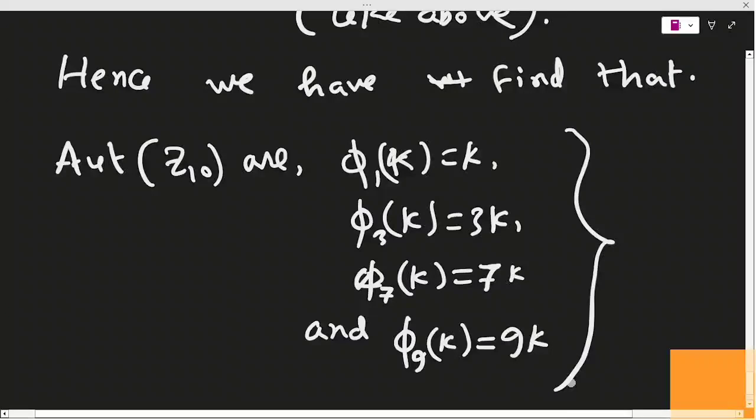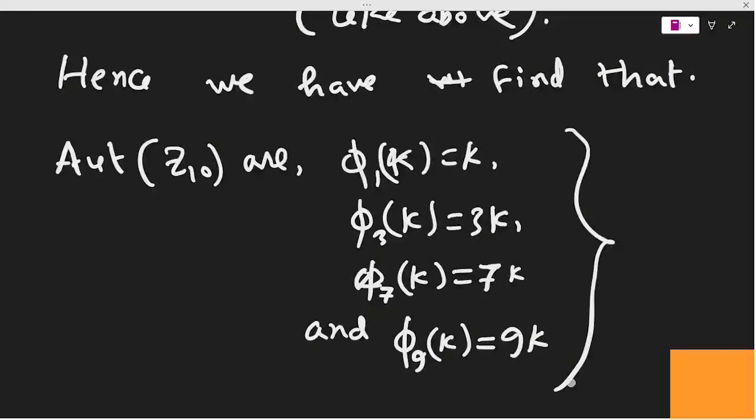These four are automorphisms of Z10. So hence we have calculated, we have found all the automorphisms of Z10.